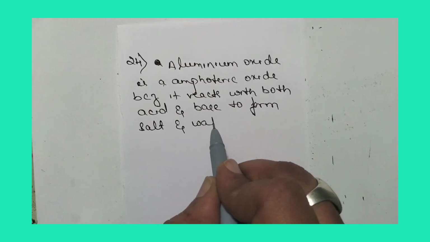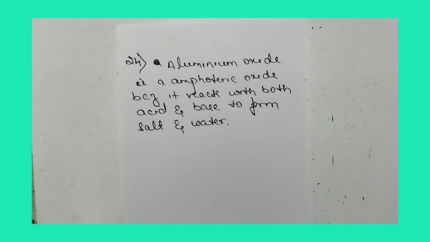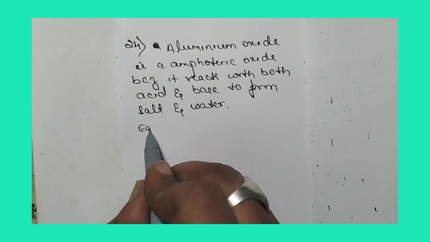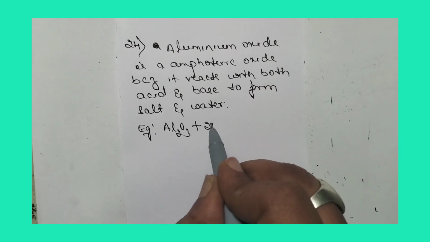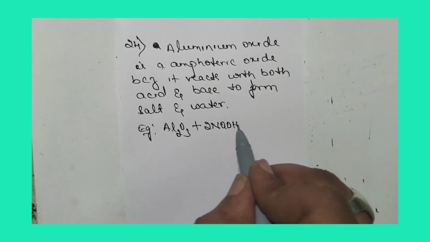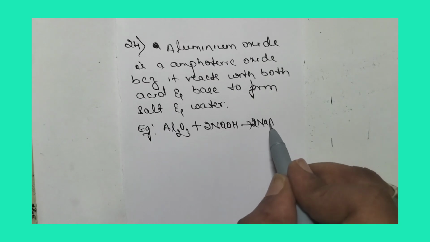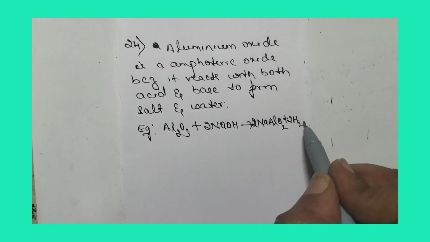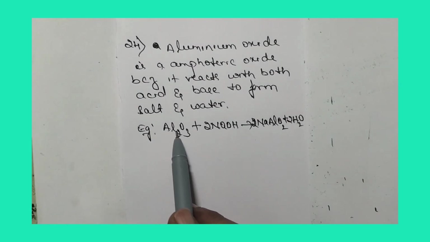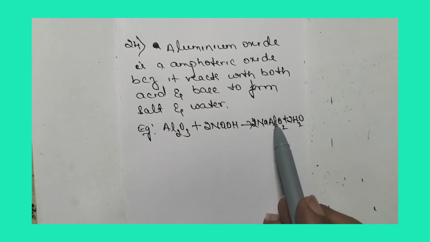For example, let us take aluminium oxide reacting with sodium hydroxide, which is a base, to form 2NaAlO2 plus 2H2O. So aluminium oxide reacts with sodium hydroxide to form sodium aluminate and water. Here this is the salt and this is water.